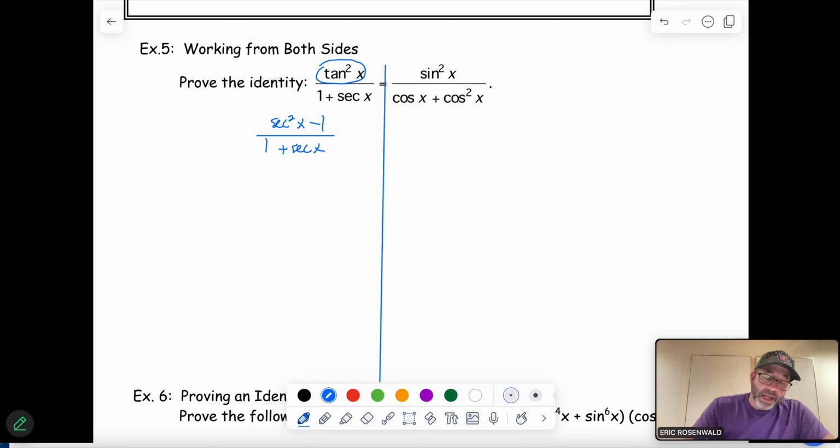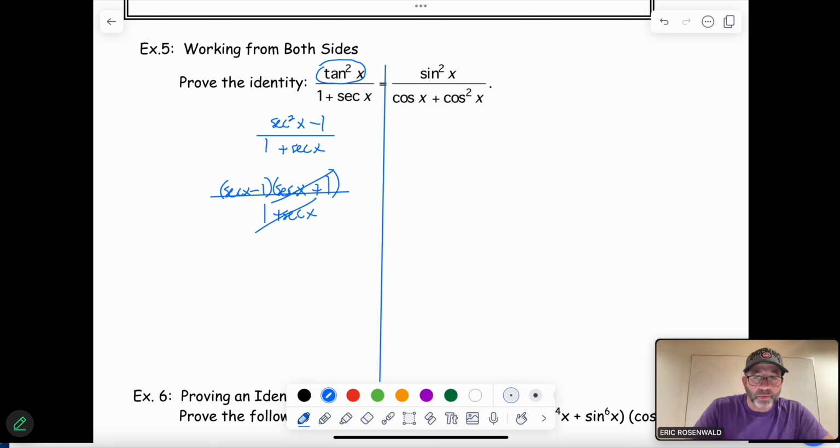If we go ahead and factor out that top part there, because it's the difference of squares, we're going to have secant of x minus 1 times secant of x plus 1. And on the bottom, we're going to have 1 plus secant of x, which means that those secant of x plus 1s are going to cancel, and that's going to leave me with just secant of x minus 1.